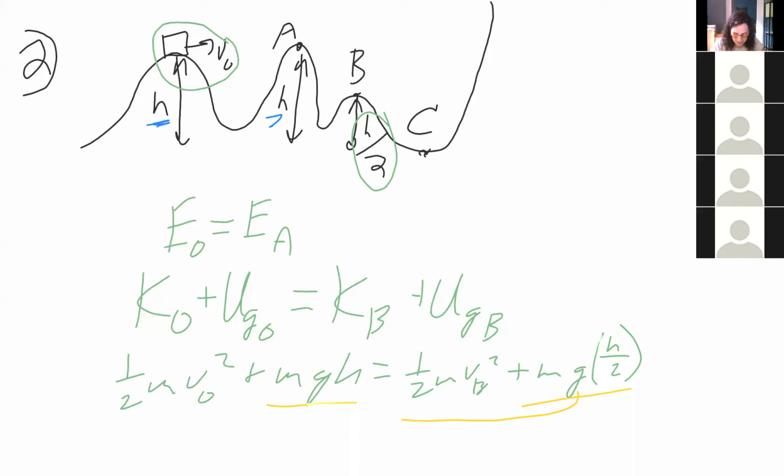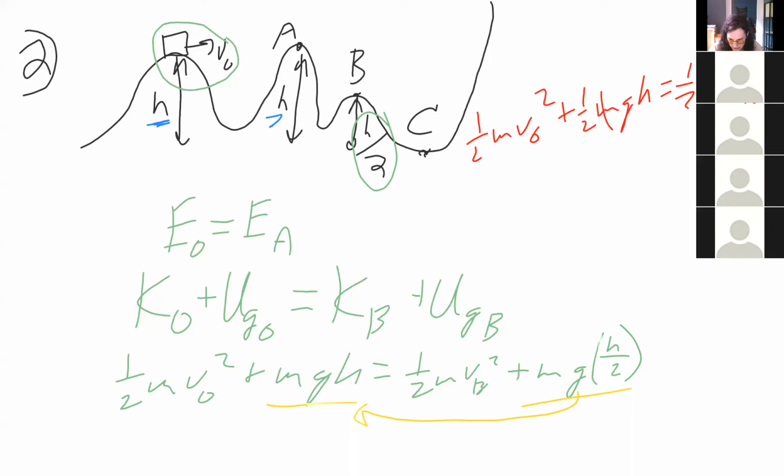So if I subtract mgh on 2 from both sides, then I will have half mv initial squared plus 1/2 mgh is equal to 1/2 m times the speed at B squared, mvB squared. And then you solve from here.